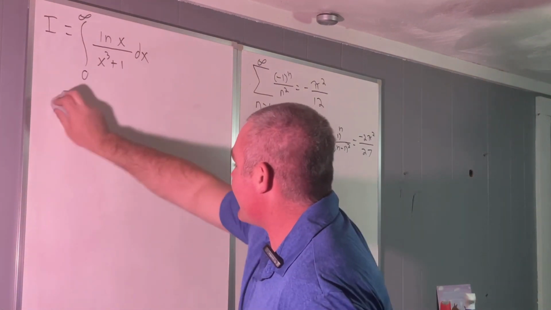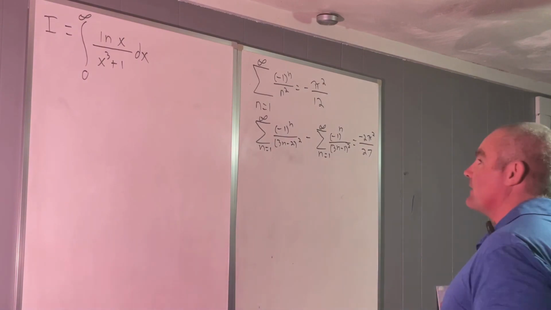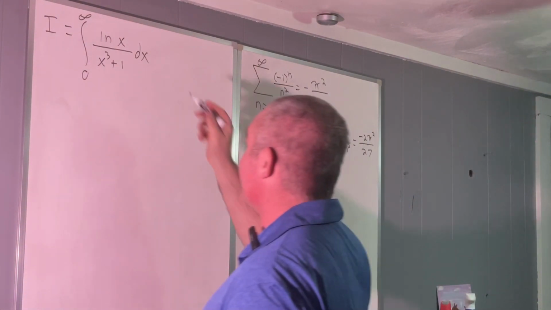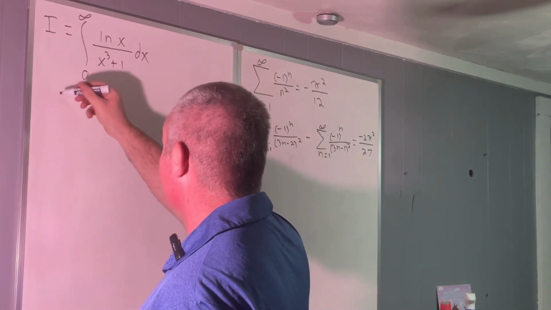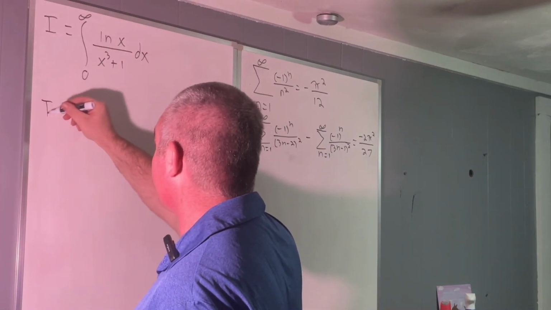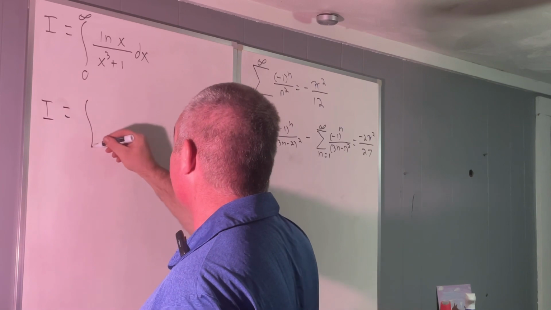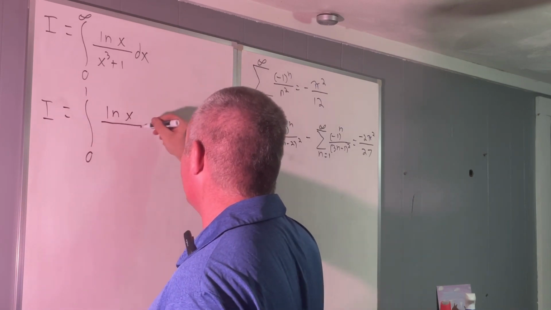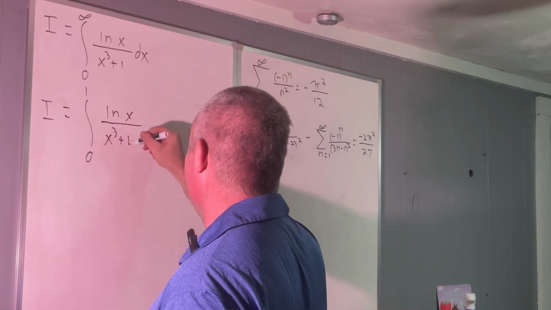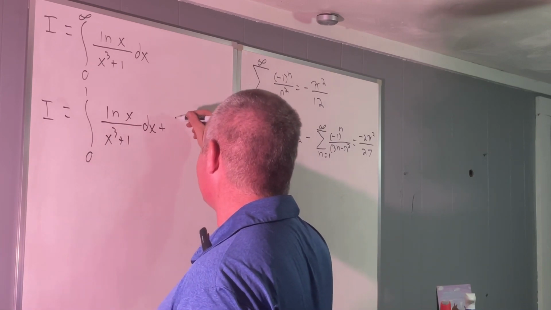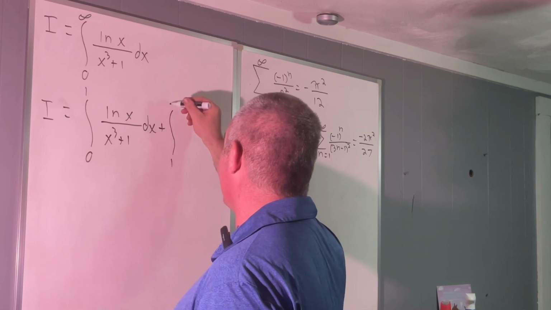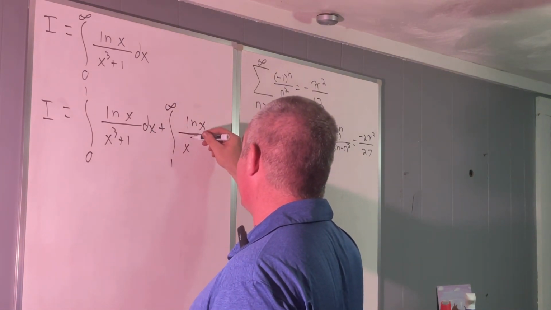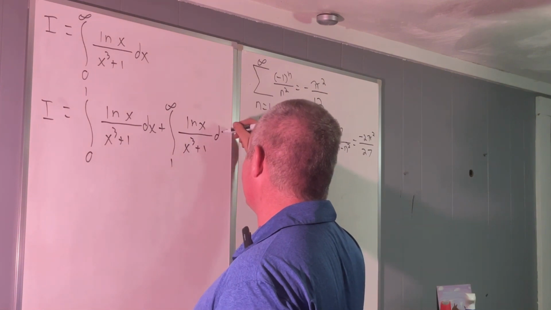All right, so now let's actually get started on solving the integral. We're going to use a familiar trick to start. We're going to break it up into two separate integrals. The first one going from 0 to 1, so that's 0 to 1 natural log x over x cubed plus 1 dx, plus the integral from 1 to infinity of natural log x over x cubed plus 1 dx.